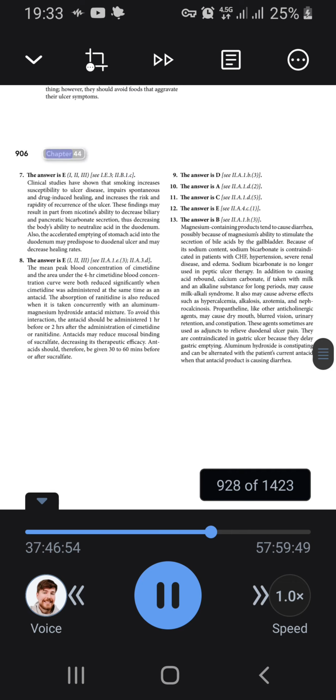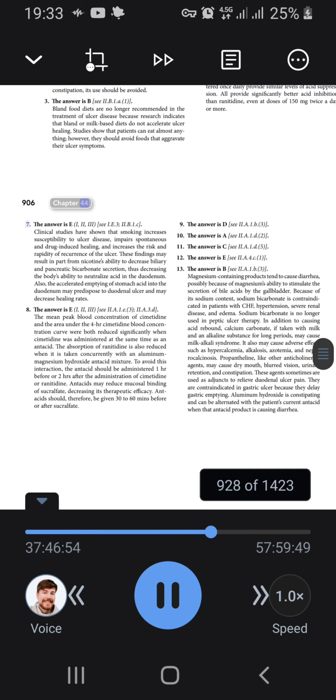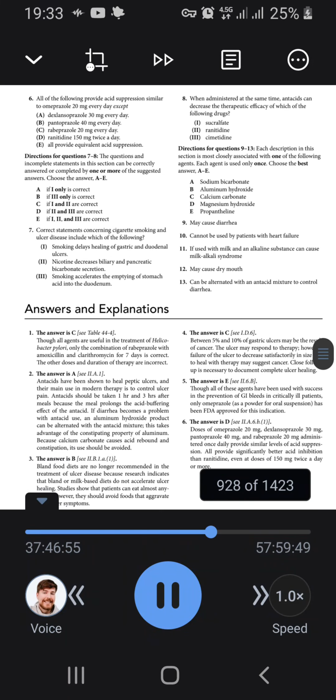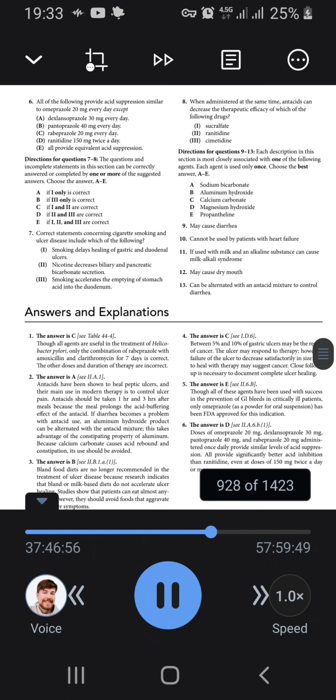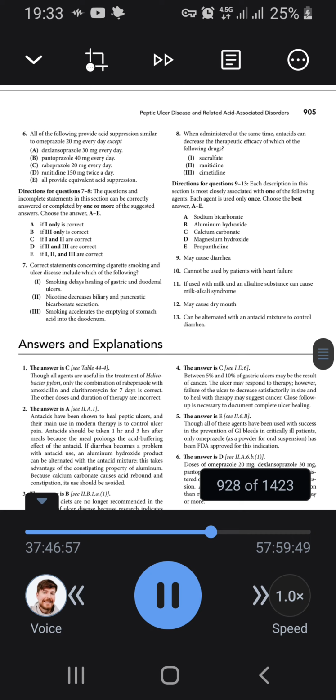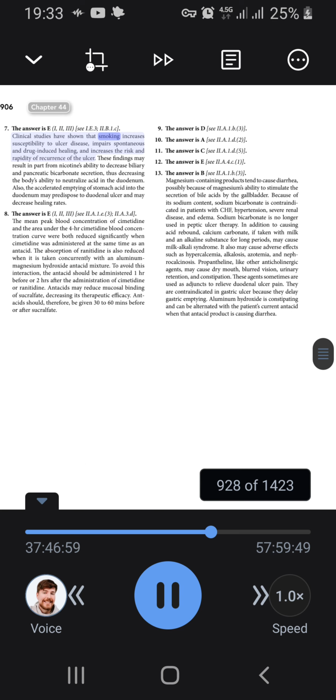7. The answer is E. Clinical studies have shown that smoking increases susceptibility to ulcer disease, impairs spontaneous and drug-induced healing, and increases the risk and rapidity of recurrence of the ulcer.